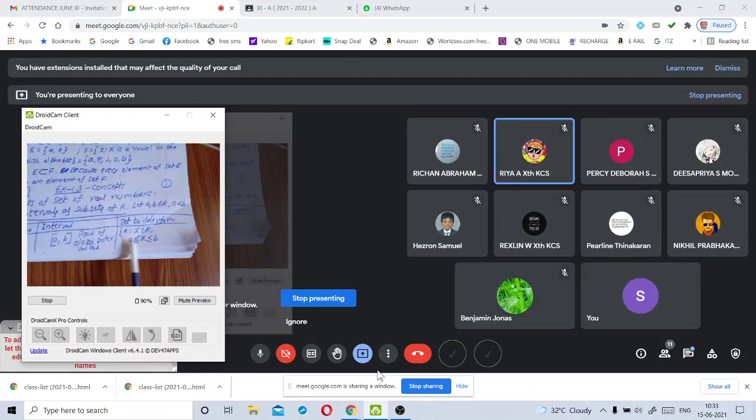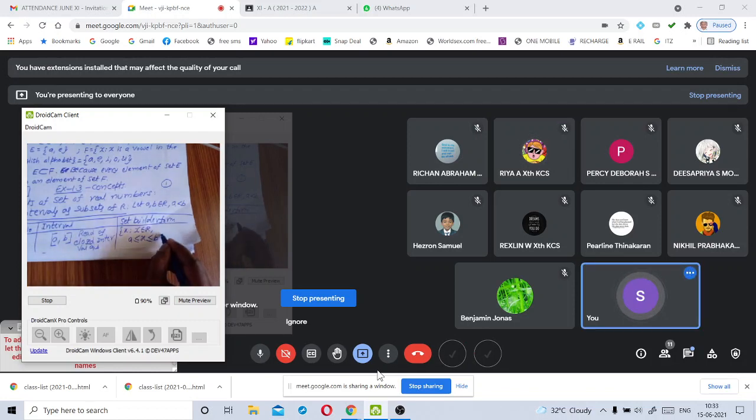Closed interval A comma B. Set of all x such that x belongs to R and A is less than or equal to x is less than or equal to B. No need to read x two times here. A less than or equal to x, less than or equal to B, like this only. Remember this point, my children.